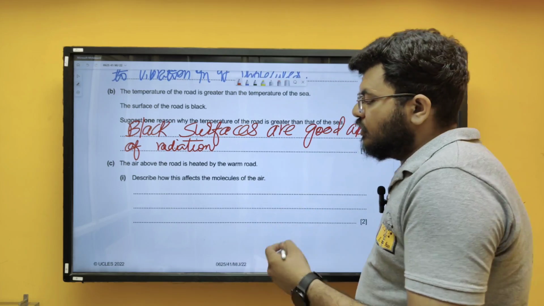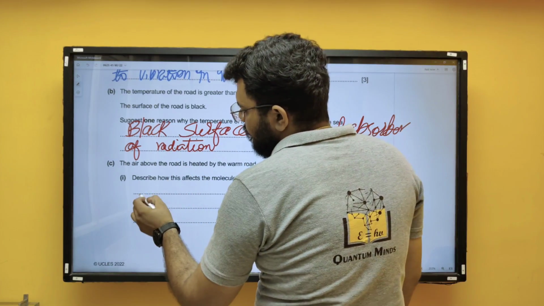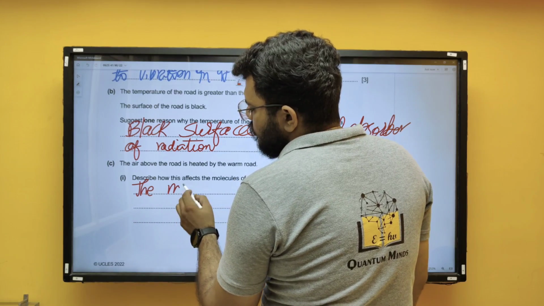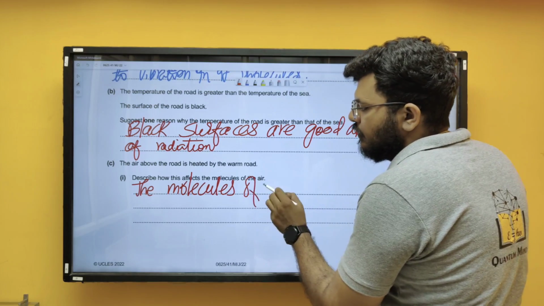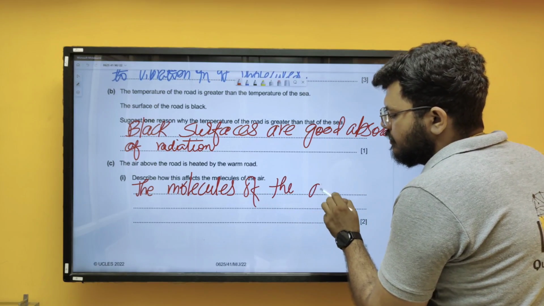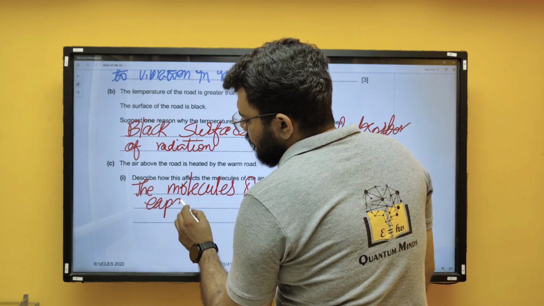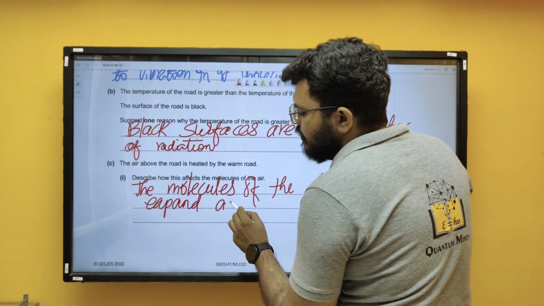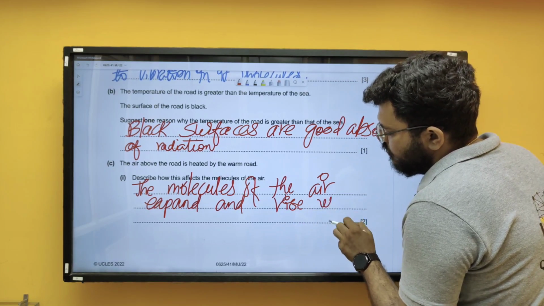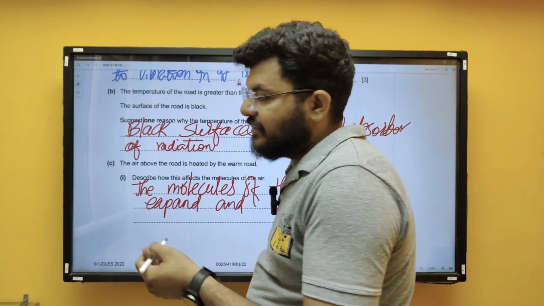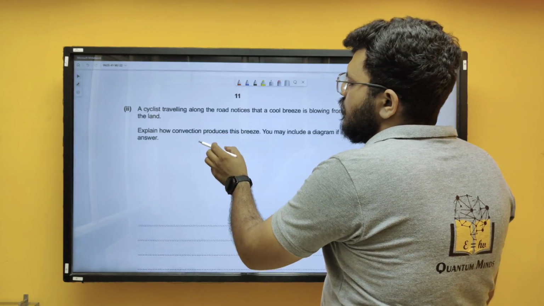So when the molecules of the air get heated, they expand and rise up. The molecules of the air expand and rise up because now their density is lesser than cold air, which would naturally sink down.